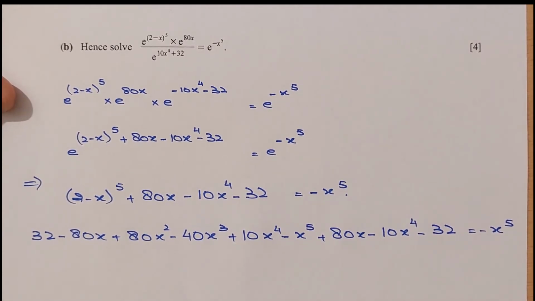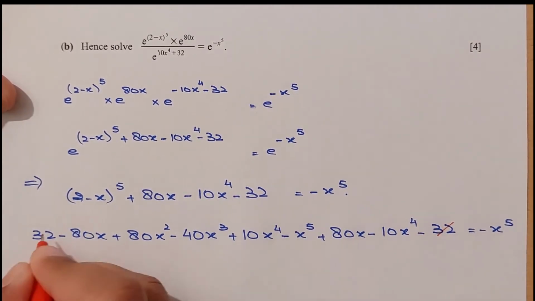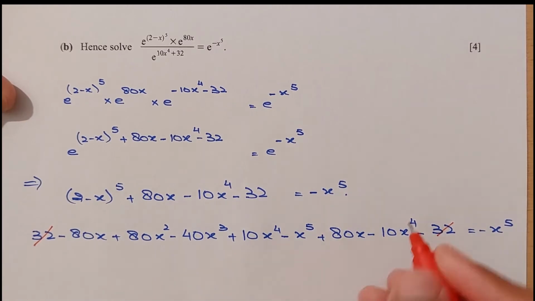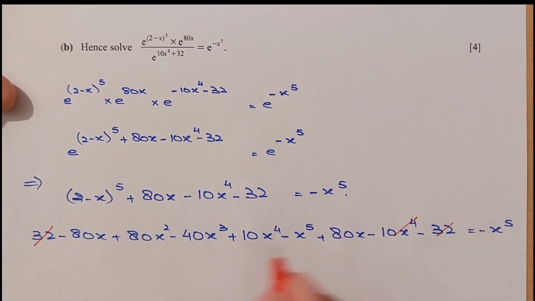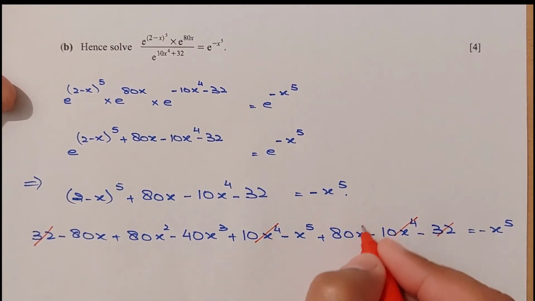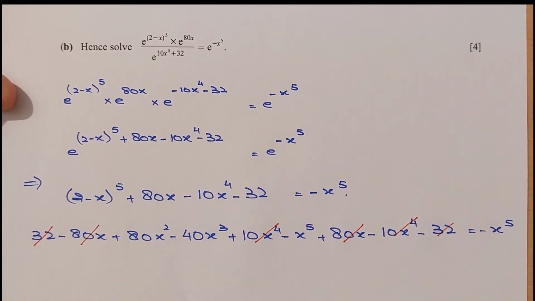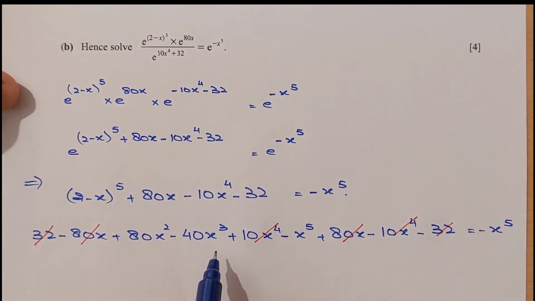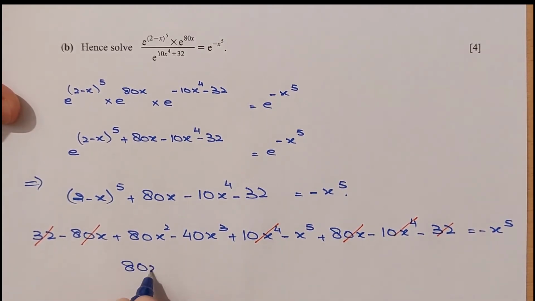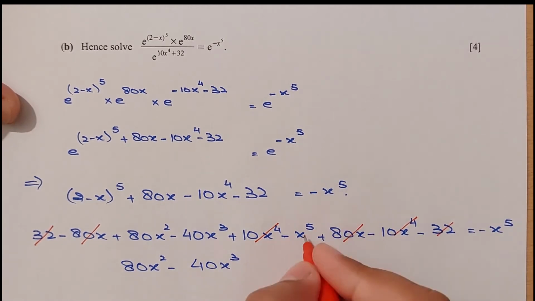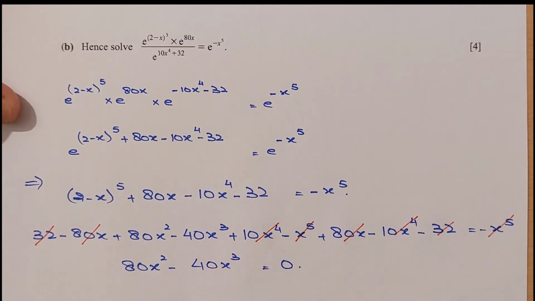Now let me cancel the like terms. Minus 32 plus 32, minus 10x power 4 plus 10x power 4, and 80x and minus 80x, right? So now we have 80x square minus 40x cube, and shifting this here, we can cancel these two as well on both sides. We will get just this equals 0, right?